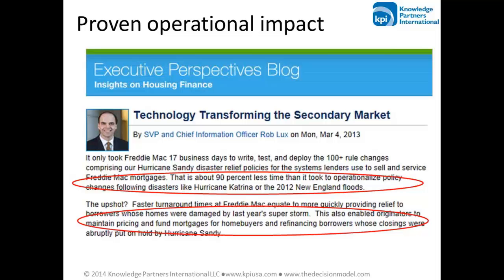Because they had a set of mortgage policies and changes as a result of that disaster and previous disasters, they were able to respond to the Storm Sandy changes in 90% less time than they have been able to handle previous disasters, and that number is significant.